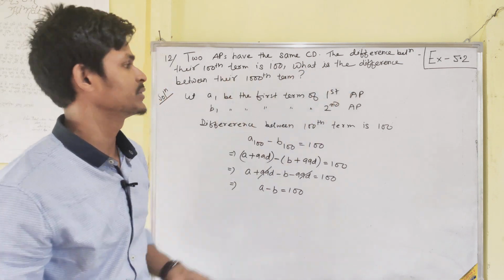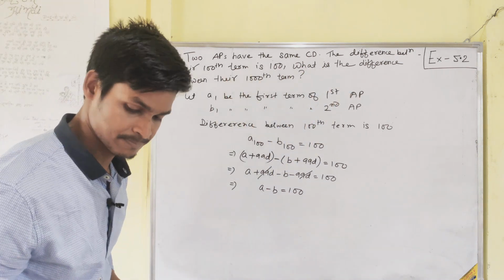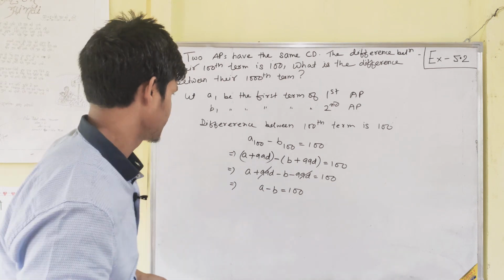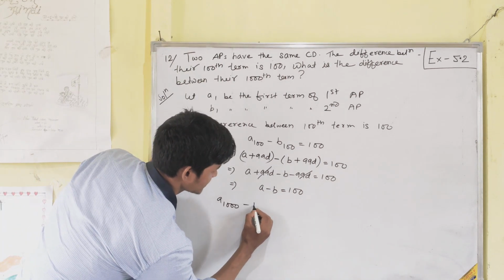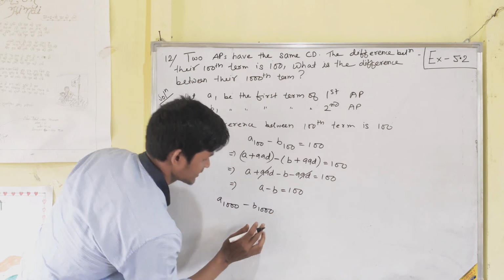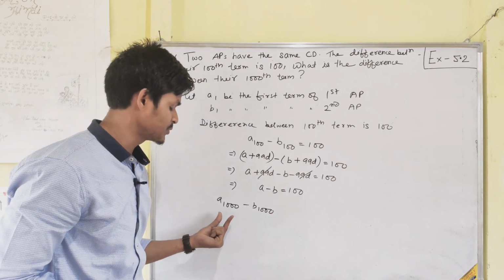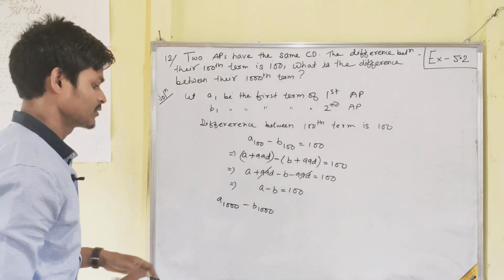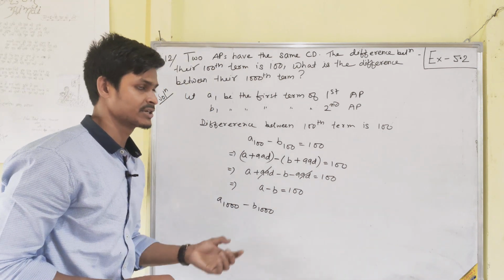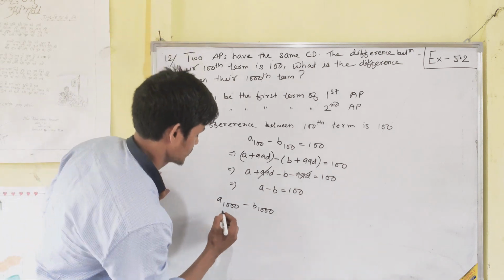the difference between their 1000th terms. That means A1000 minus B1000. You are to find the difference between the 1000th term of the first AP and the 1000th term of the second AP.